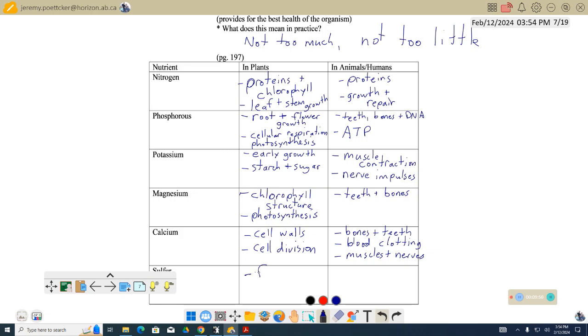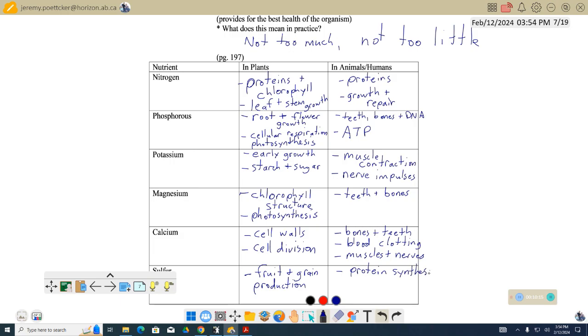Finally, sulfur. This is used in plants for fruit and grain production. Proteins in animals, we use it for protein synthesis, so making proteins.